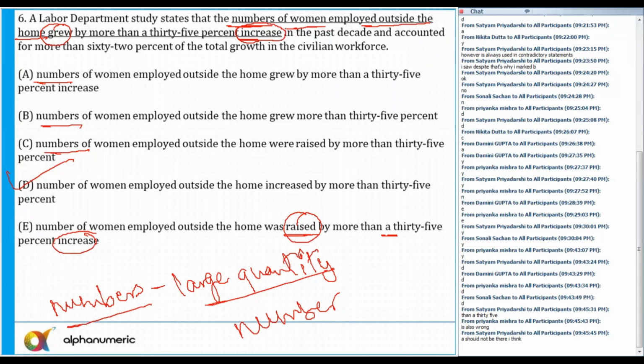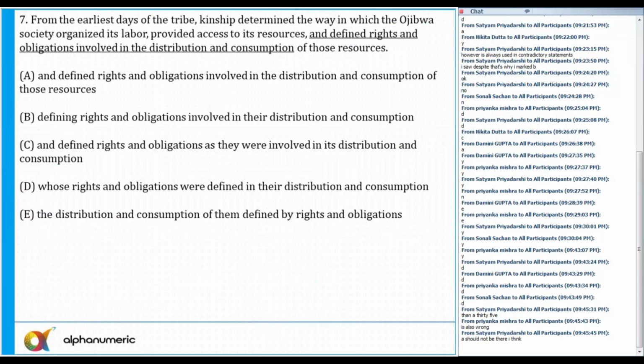Number 7. Question number 7. From the earliest days of the tribe, kinship determined the way in which the Ojibwa society organized its labor, provided access to its resources, and defined rights and obligations involved in the distribution and consumption of those resources.